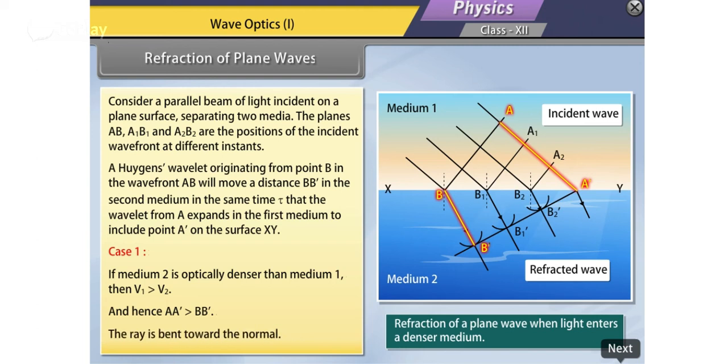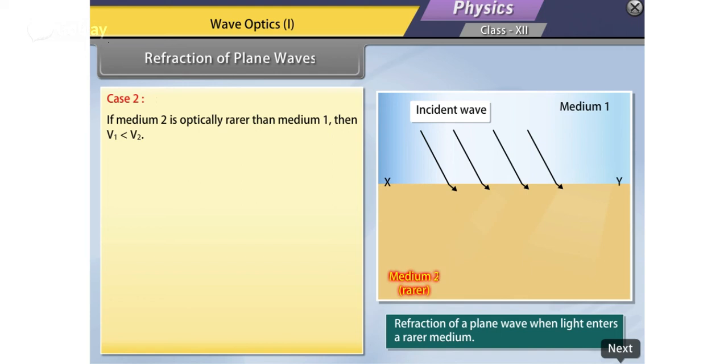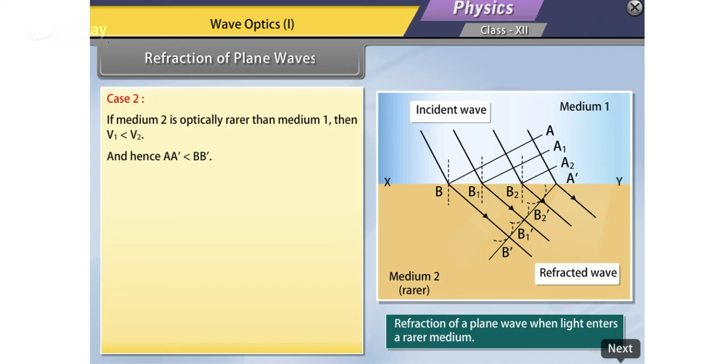The ray is bent towards the normal. Case 2. If medium 2 is optically rarer than medium 1, then V1 is less than V2 and hence AA' is less than BB'. The ray is bent away from the normal.